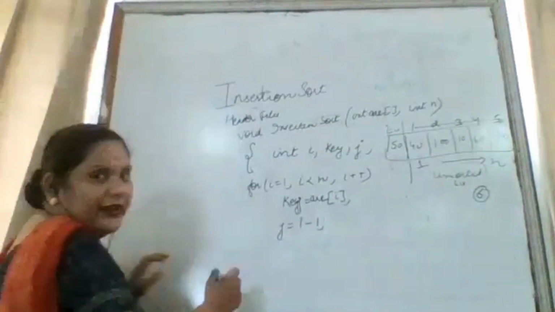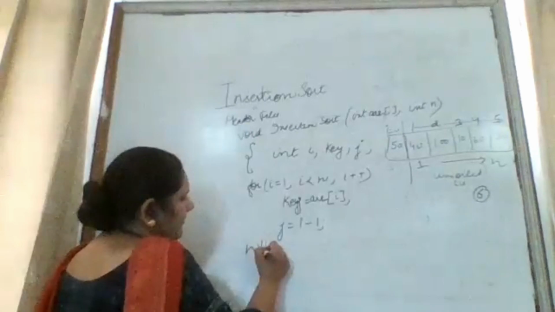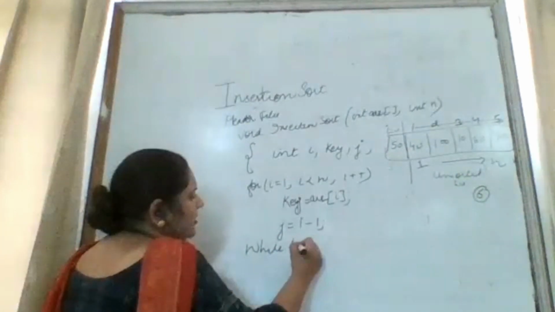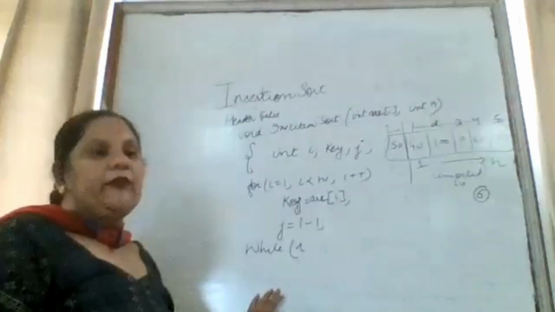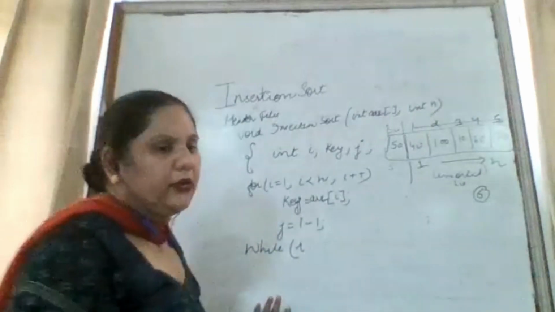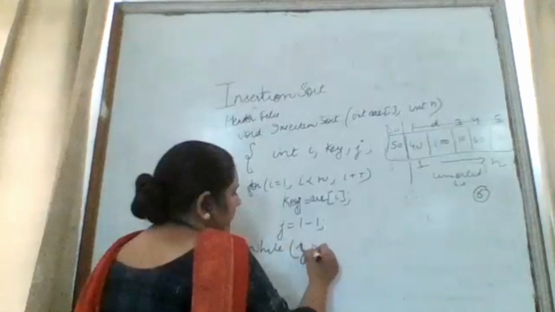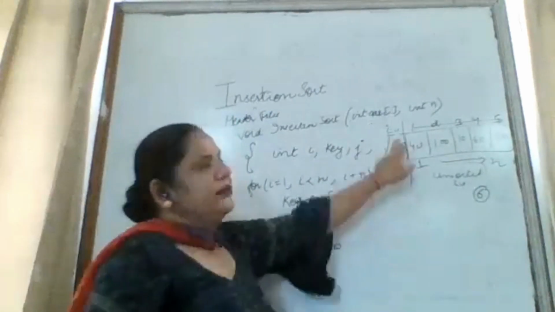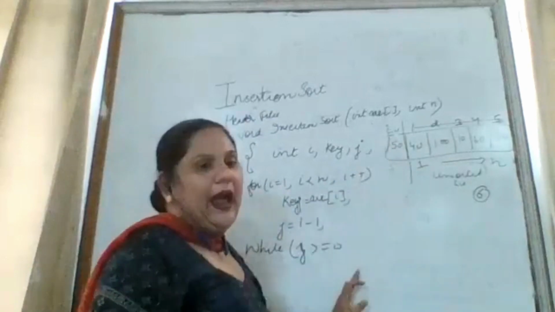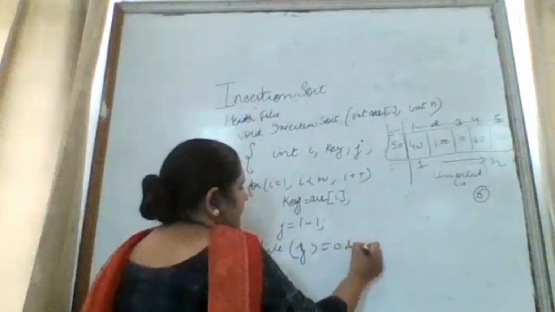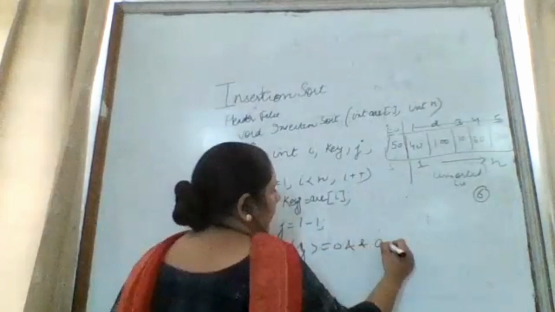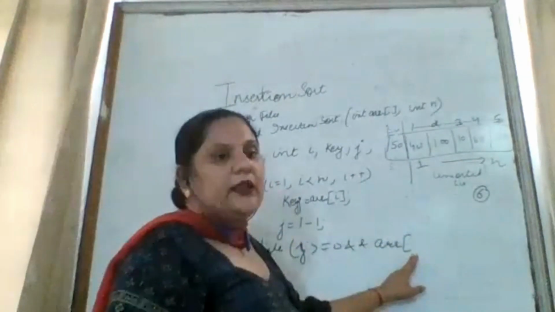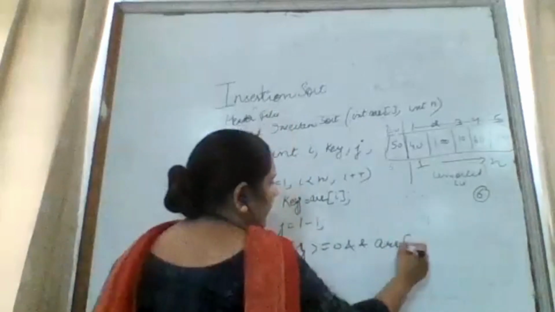Now next you will write the loop while j is greater than or equal to 0, that means we have to move till it is greater than 0, and array at j is greater than key.